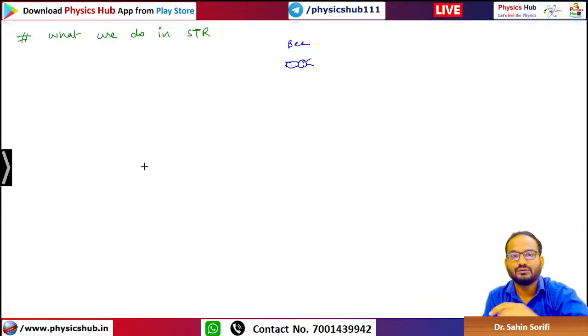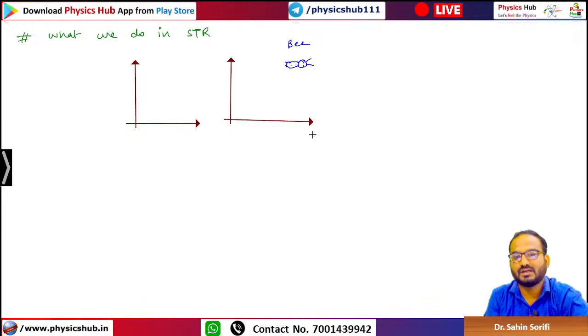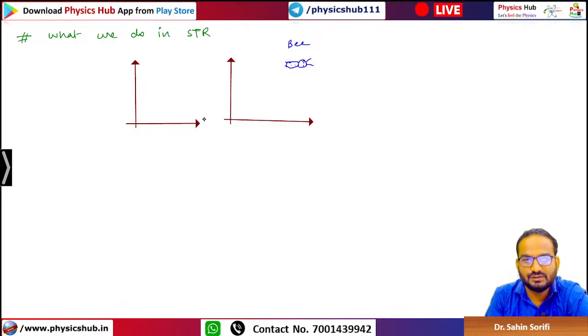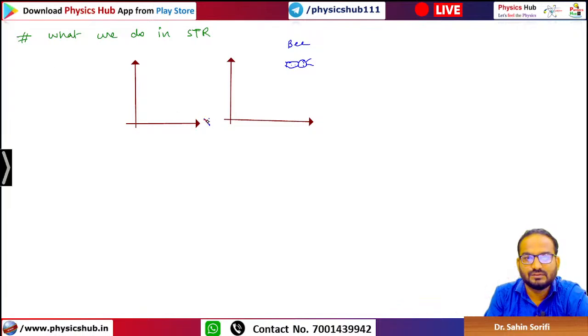So what we do, we observe this bee with respect to 2 frames. I am not showing all 3 axes, only the x axis is important. This is your x axis, this is your x prime, this is the S frame, the rest frame, and this is your S prime frame, the moving frame.